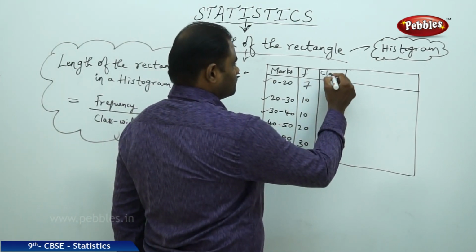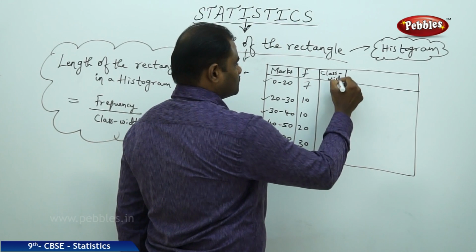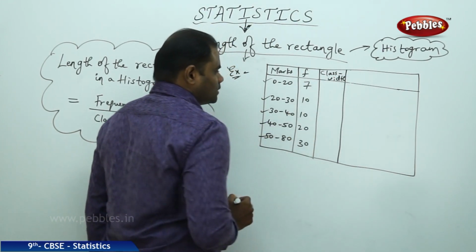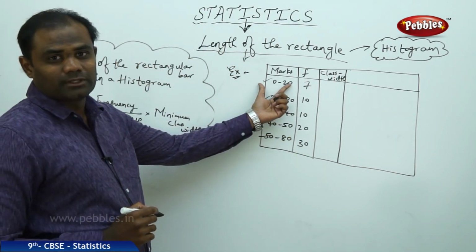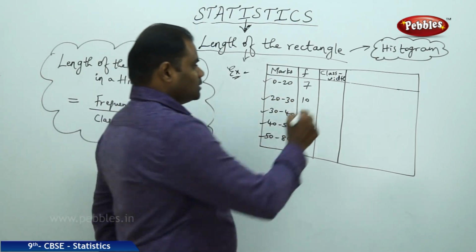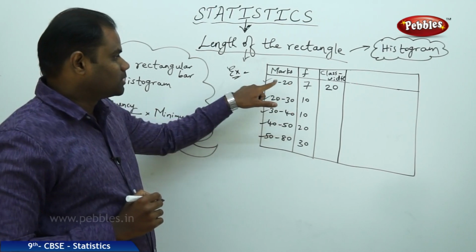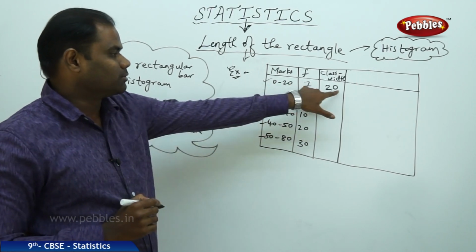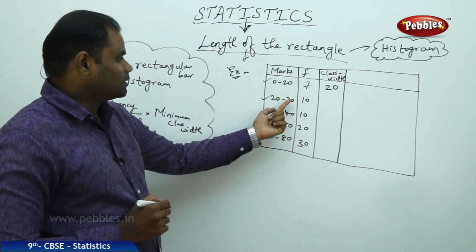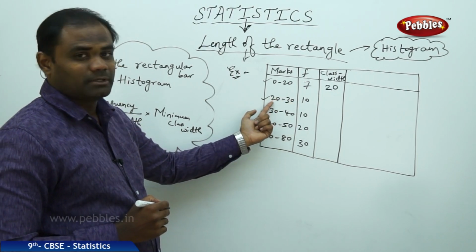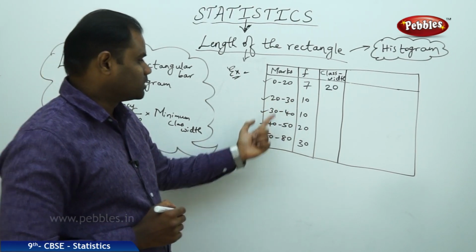So let's see what the class width is. I clearly see that the class width here is 0 to 20, so the width of the class is 20: upper limit minus lower limit, 20 minus 0 is 20. Here the upper limit is 30 and the lower limit is 20, so 30 minus 20 is 10.